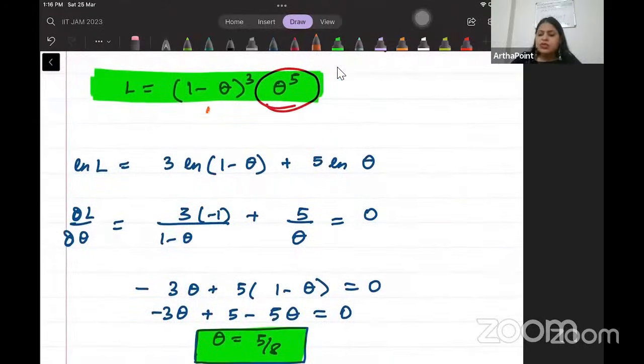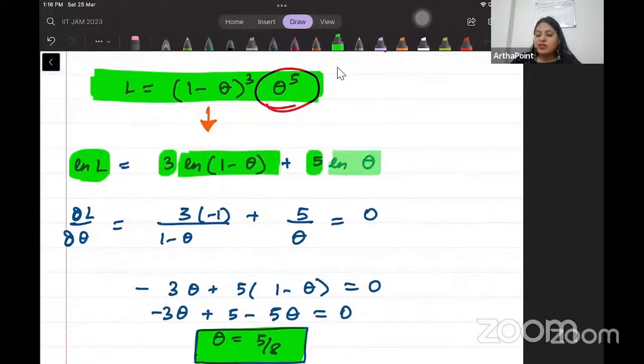Well, very simple. Just take log on both sides. So if I take log on both sides, I will get ln L is equal to, of course, the power comes down, 3 ln 1 minus theta plus 5 ln theta. And now just differentiate it with respect to theta, because the only thing under your control is the value of theta, right?